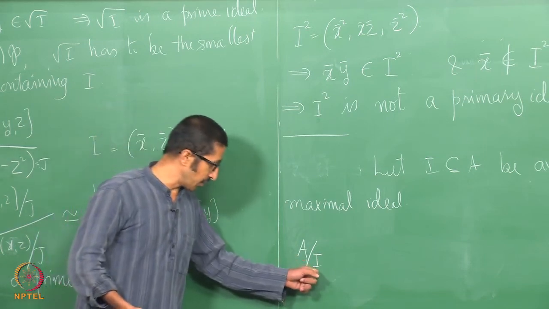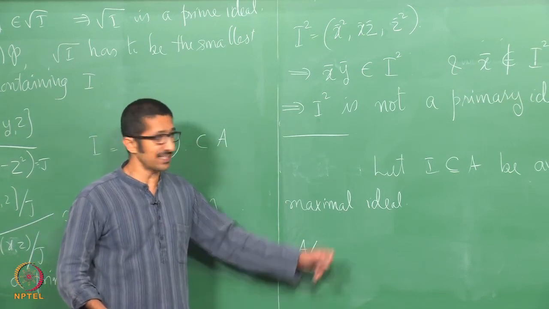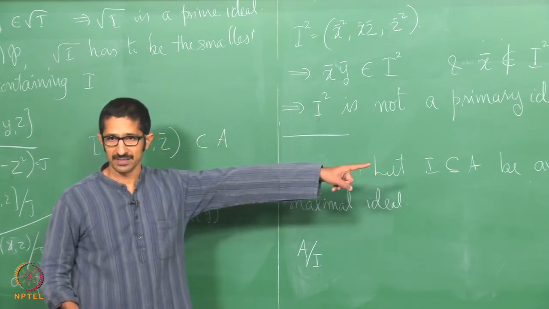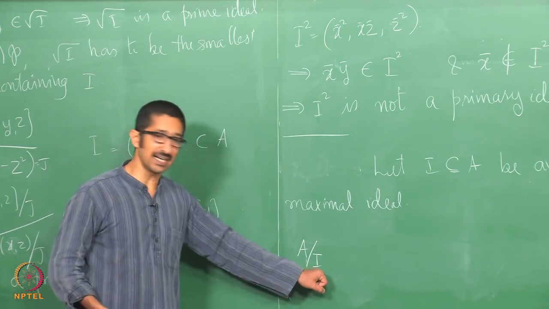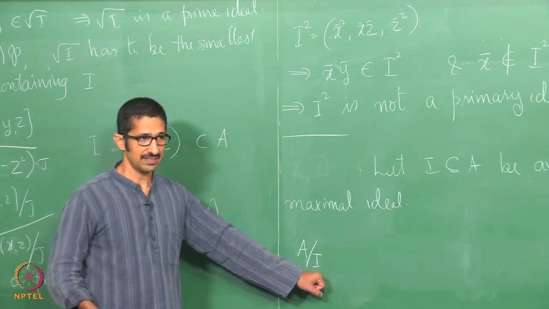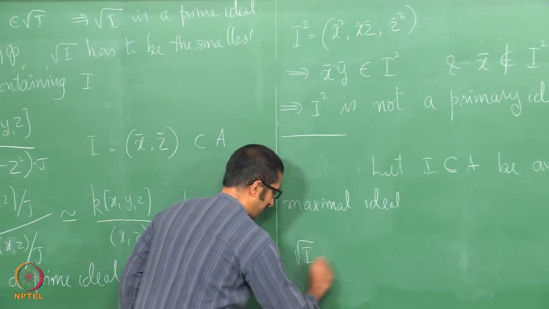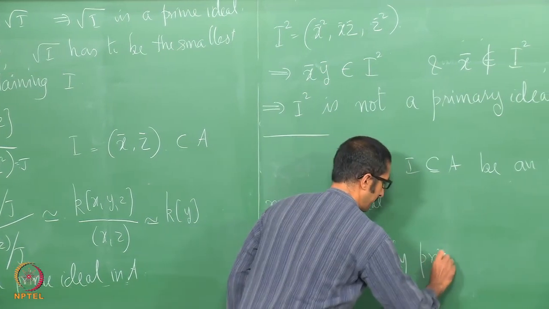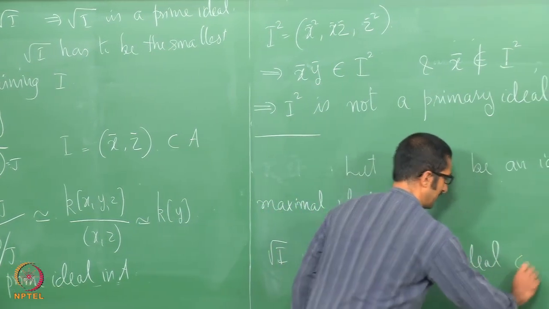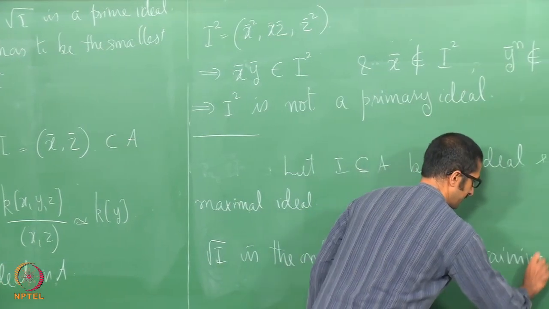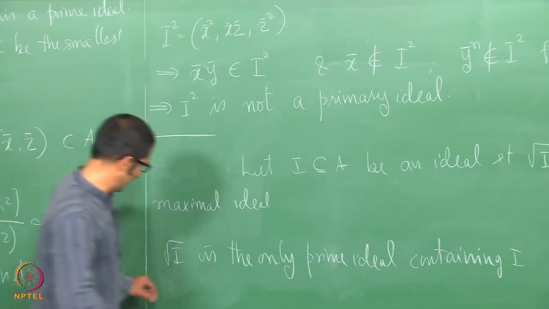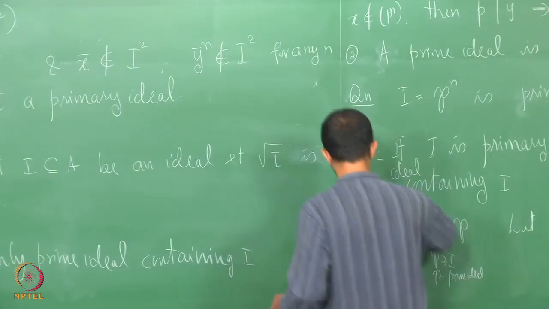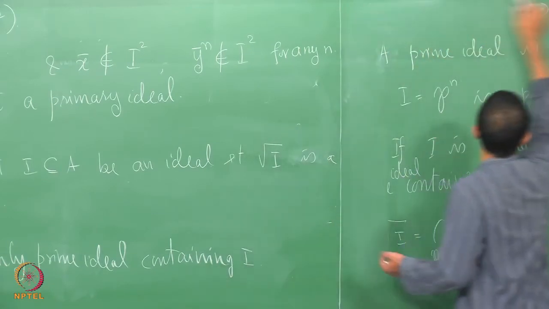Therefore, the only prime ideal containing I is the maximal ideal, which is the radical of I. So, radical of I is the only prime ideal containing I. That means A mod I is a local ring with unique maximal ideal M mod I.